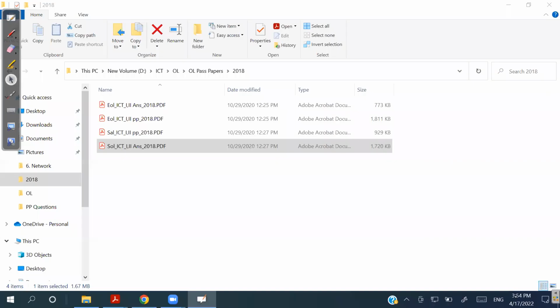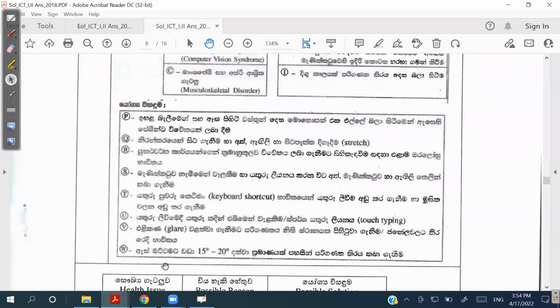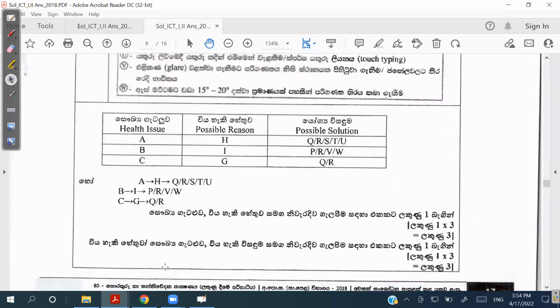Let's go with the marking scheme, people. Easier and much faster. So health issue is A, possible reason is H. Solutions are going to be one of these things, right? You only need to have one of these things in your answer script. So then you will be given the particular mark.